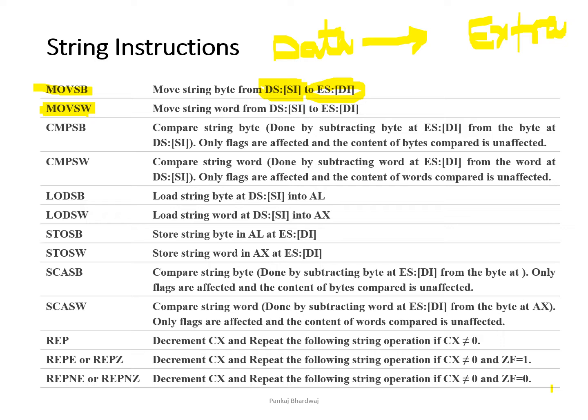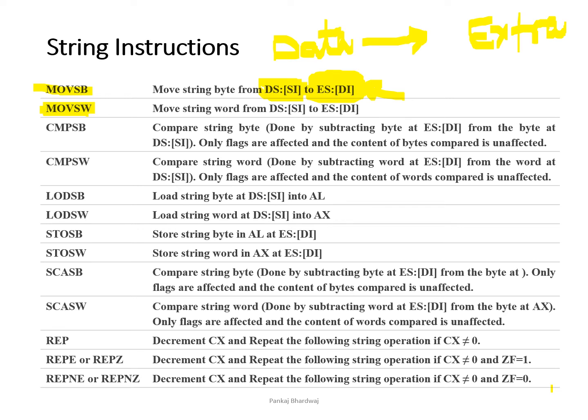Similarly, the extra segment register provides the segment address of the destination, and DI, the destination index, provides the offset of the exact location at which we want to move the byte.